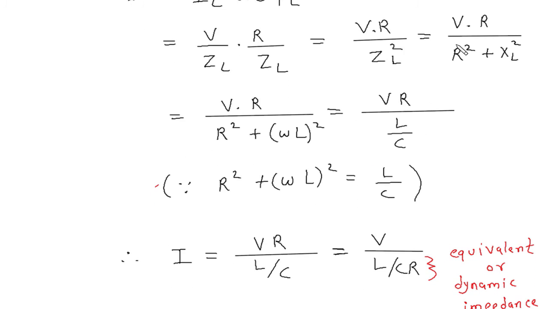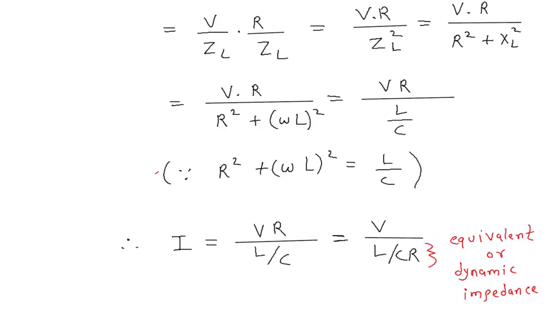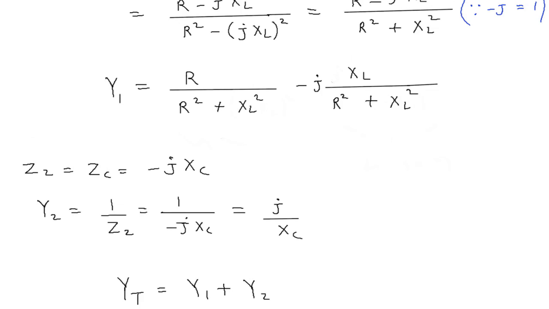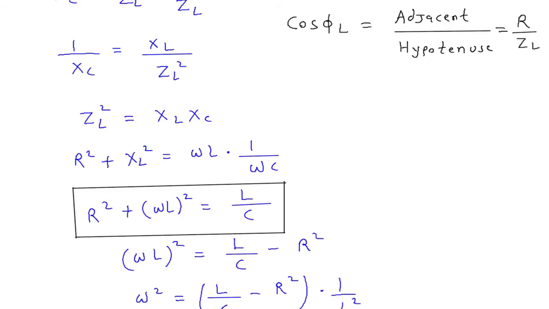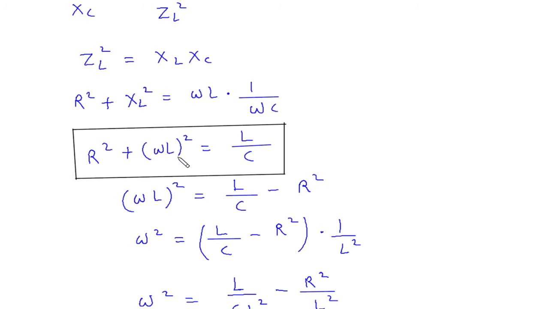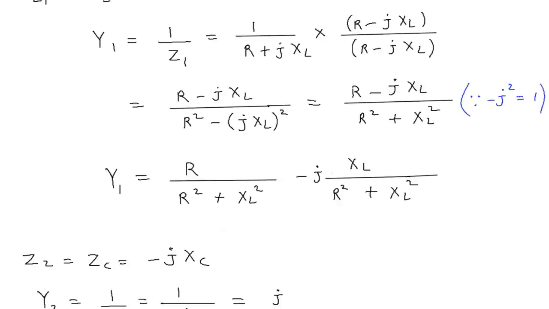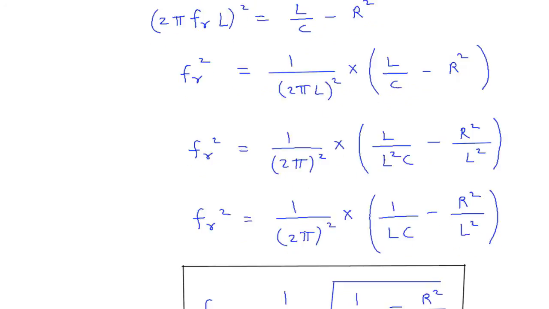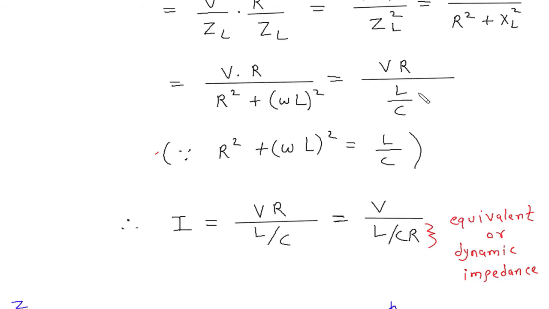Then next we can replace this XL by omega L. Now this R square plus omega L square is equal to L by C. Here we can see R square plus omega L whole square is equal to L by C. So we can replace this value with L by C. R square plus omega L whole square by L by C only.